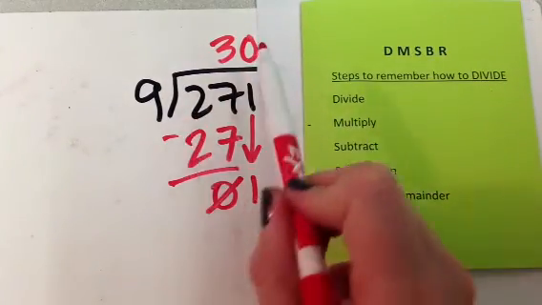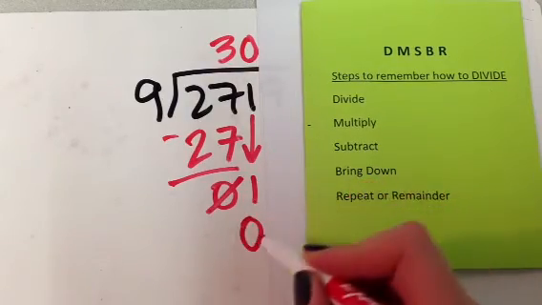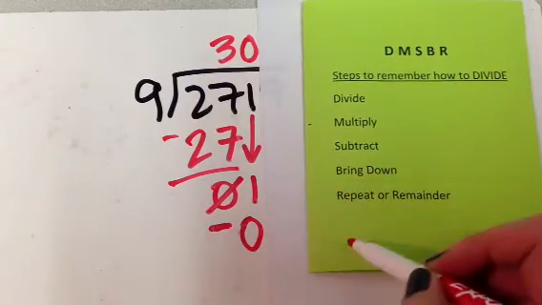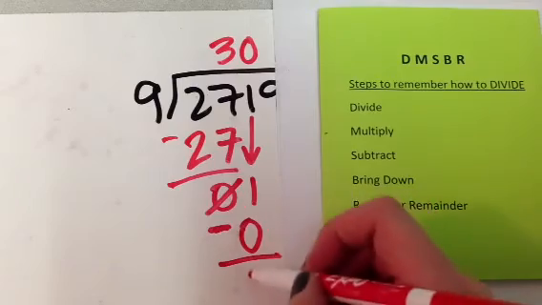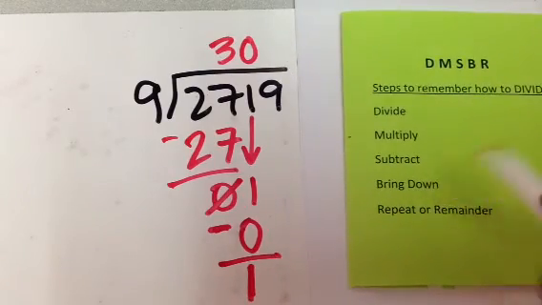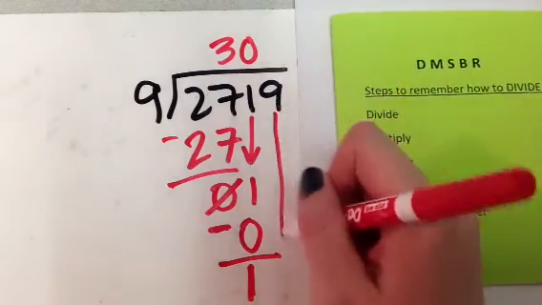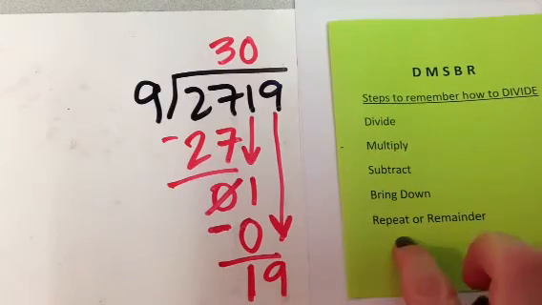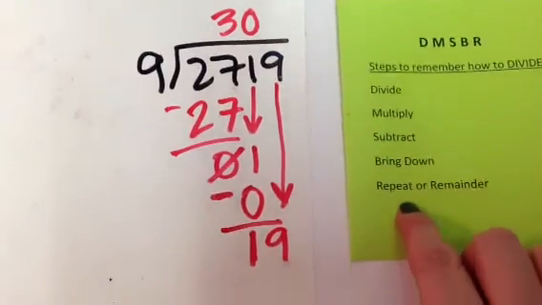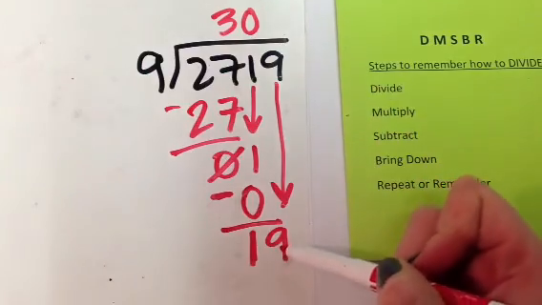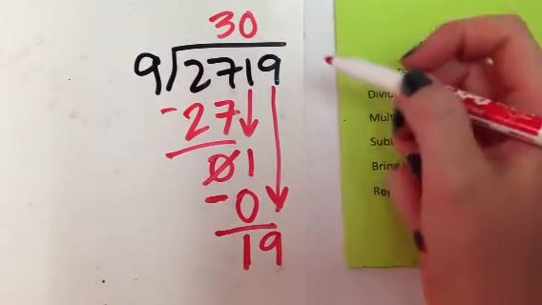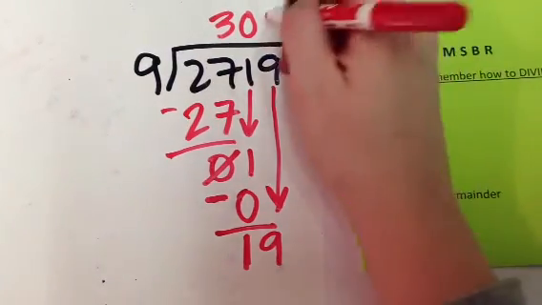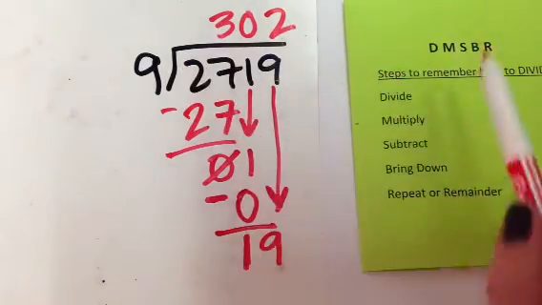Okay? And 9 times 0 is 0. And I'm going to subtract. 1 minus 0 is 1. And then I can bring down, right? I'm going to bring that 9 down and I repeat my process. Can 9 divide into 19? Yes, it can. How many times? 2. That's my divide step.